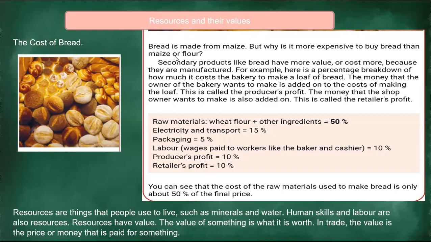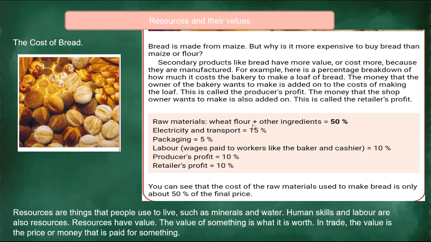The reason why buying bread is more expensive than maize flour is because, looking at number one, raw material, wheat flour plus other ingredients equals 50%. And then on top of that, we add electricity and transport. Transport what? The flour.